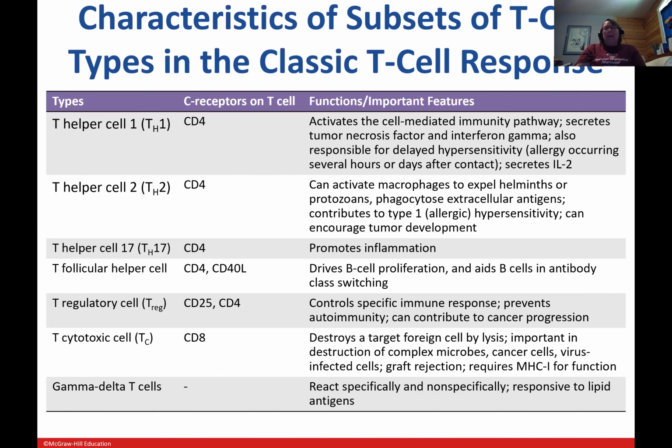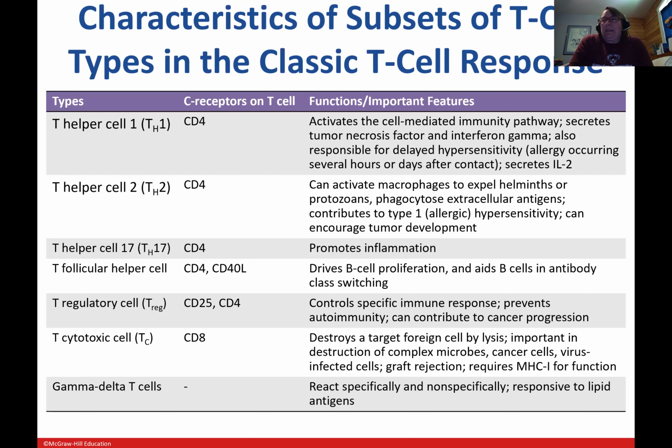Okay, so as we said, there are multiple types of T cells. Let me also introduce the concept of a Th1 versus a Th2 reaction, because depending on what kinds of cytokines are put out there, it's going to decide whether a cytotoxic T cell is needed to kill a particular infection, or if an antibody response is going to be more appropriate.